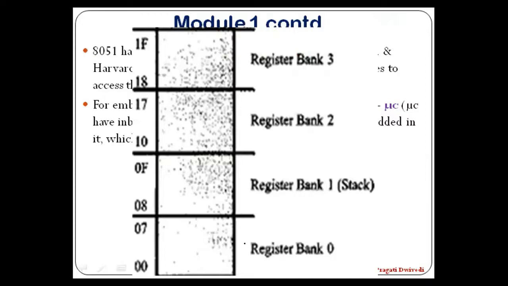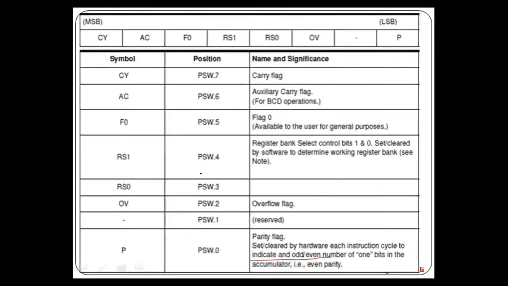My default bank was register bank 0. If I want to change it to bank 1, I will have to change the bits of your PSW. These are PSW.4 and PSW.3.